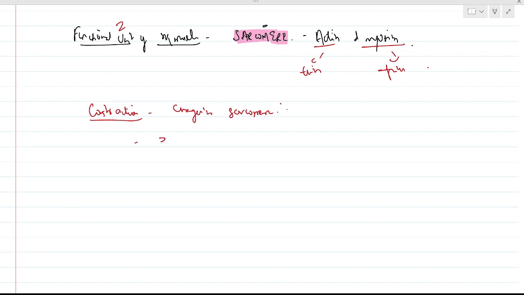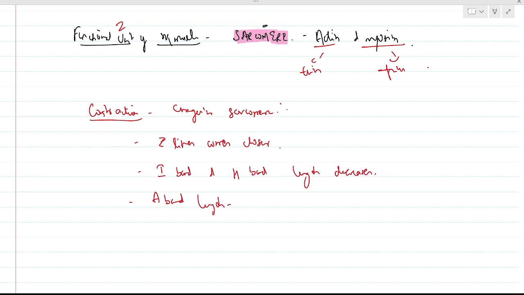Remember, first the Z lines come closer. Second, I band and H band length decreases. Finally, our A band length remains the same.